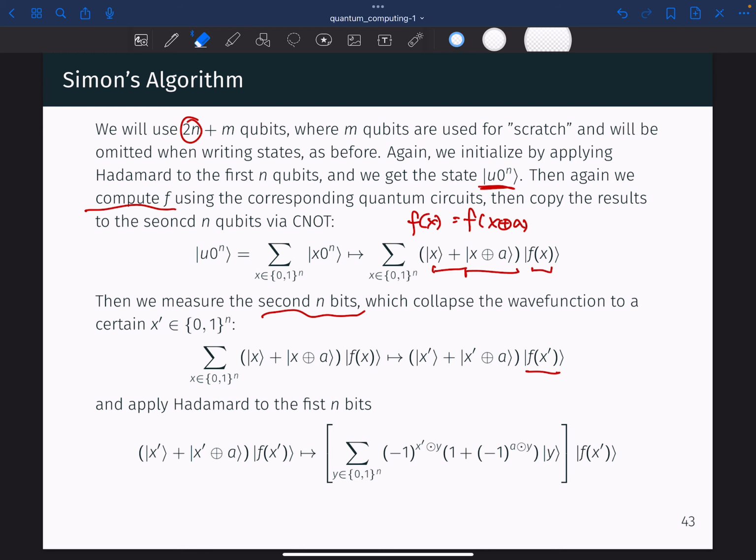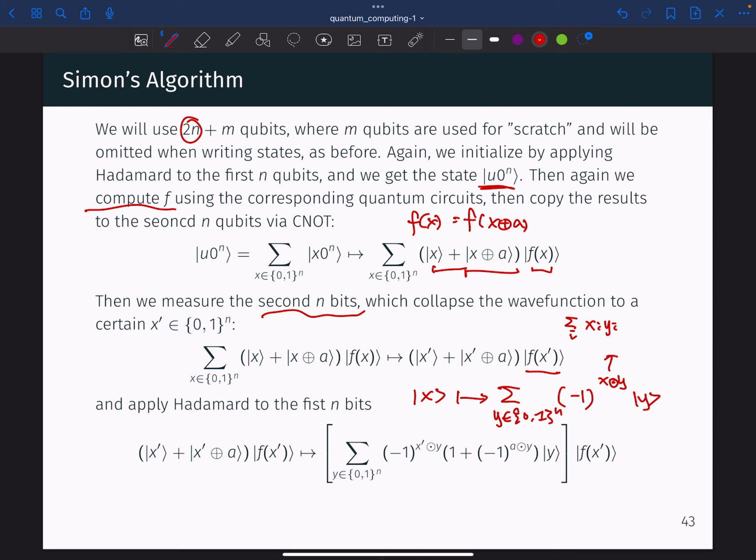Basically, if you have some n qubit state x, and you perform the n-qubit Hadamard, you'll get this state, where y runs over all the possible n-bit strings, and this exponent is equivalent to the sum of x_i y_i.